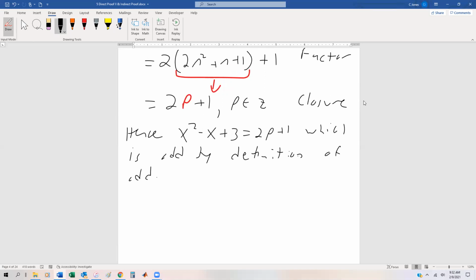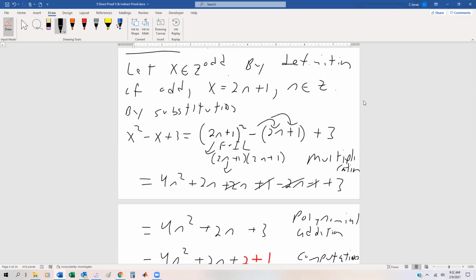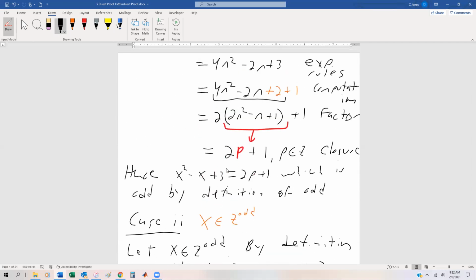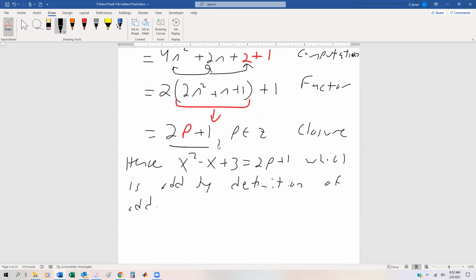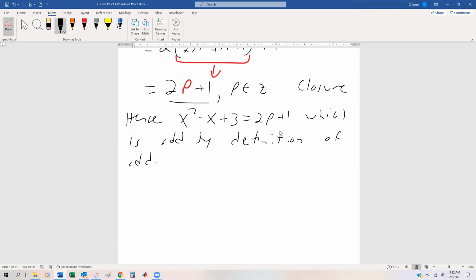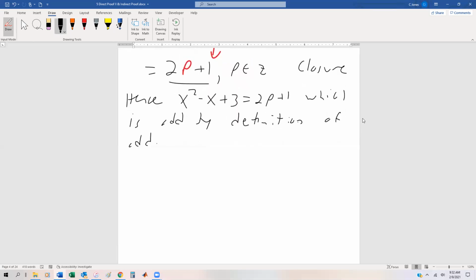All right. Now here's where we're almost done with this. Okay, so we've proven both cases. So if we go back up, case 2 is valid, case 1 is valid. They both equal 2p plus 1. So it's undeniable that since every integer is either even or odd, and we were able to show that it's true for both the even and odd cases, then we've actually proven it by exhaustion.